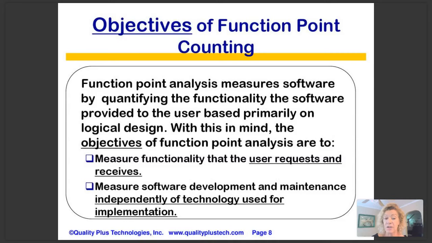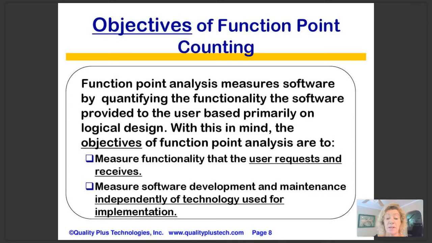What are the objectives? Why do we do function point counting? If you see objectives on the exam, if it says what are the objectives of functional size measurement or function point counting, those are the same terms, the same words. Function point analysis measures software. That's the key thing. It measures software size by quantifying the functionality that the software provides to the user based primarily on logical design.